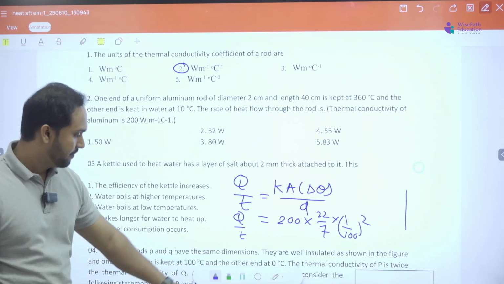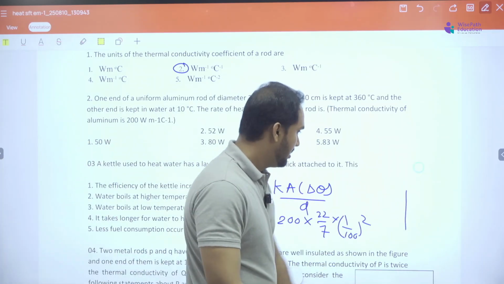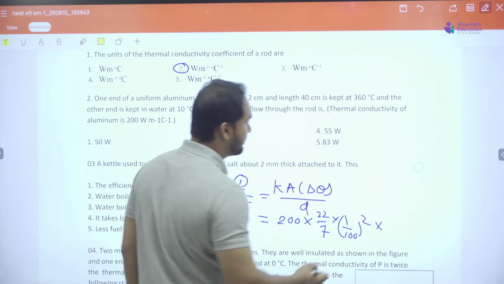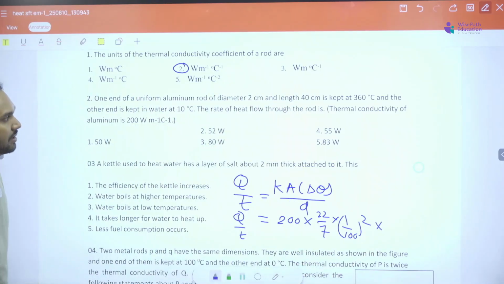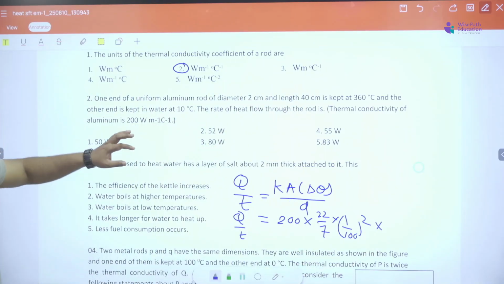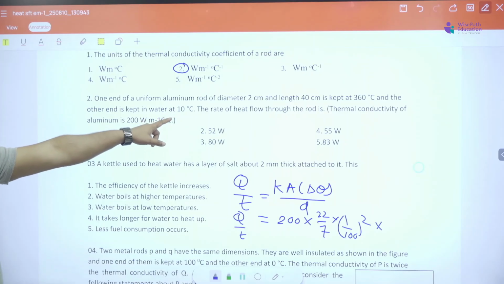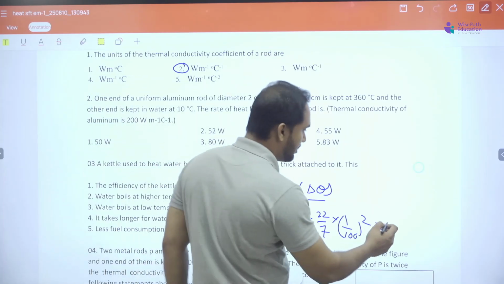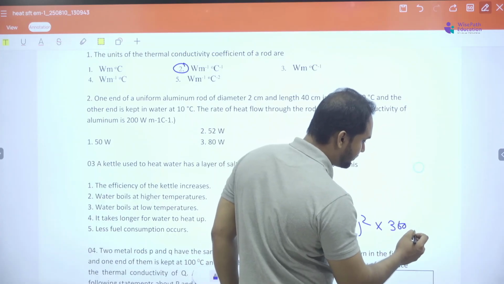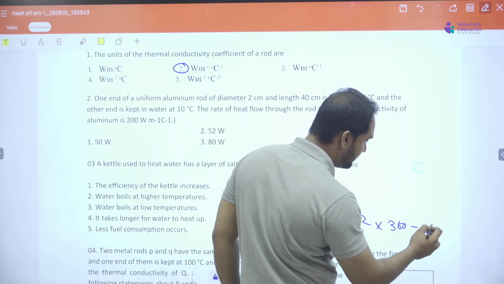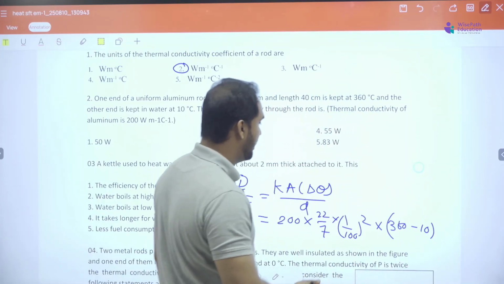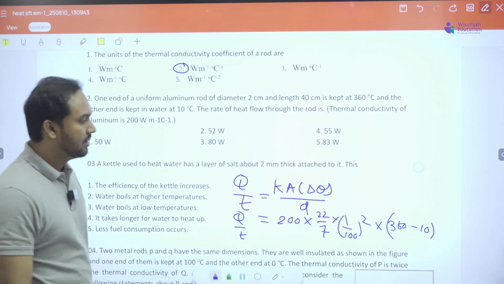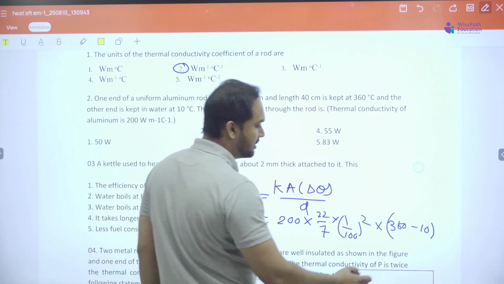Pi r squared. And delta theta is the temperature difference. What is the temperature difference given here? This is 10 degrees and that is 360 degrees. So 360 minus 10 is the temperature difference. The whole thing should be divided by the length, which is 40 centimeters.